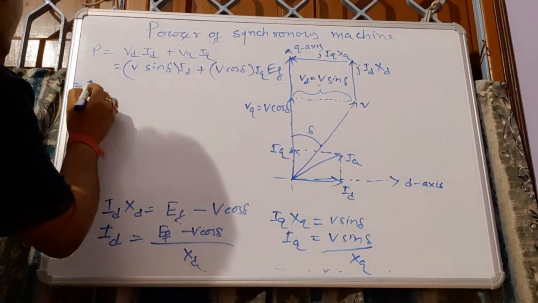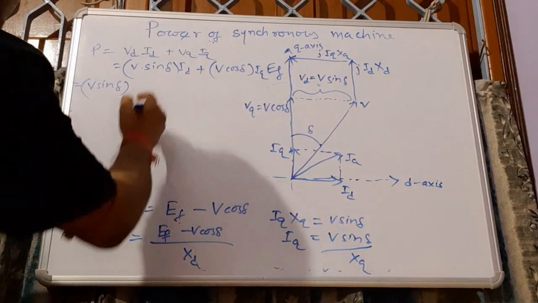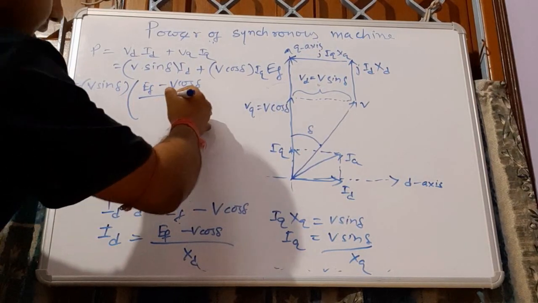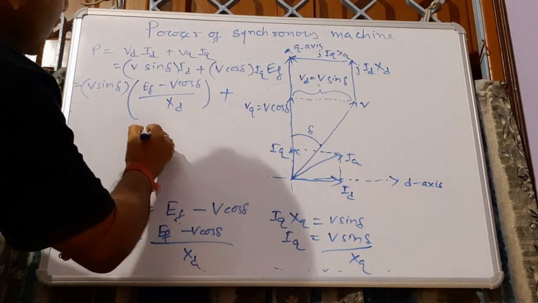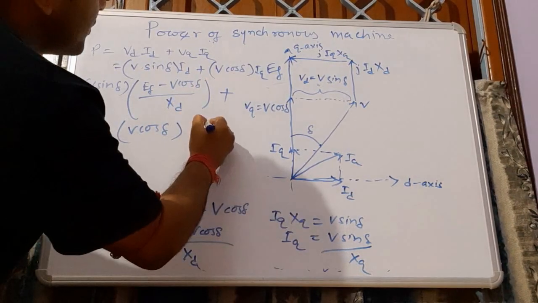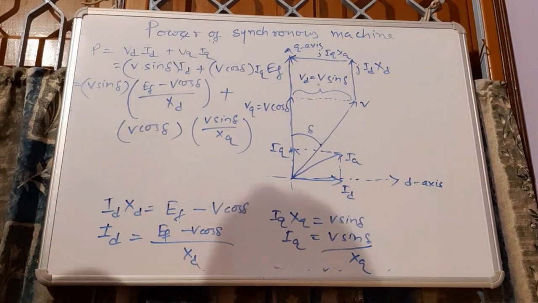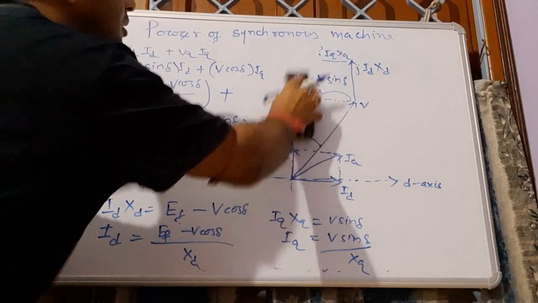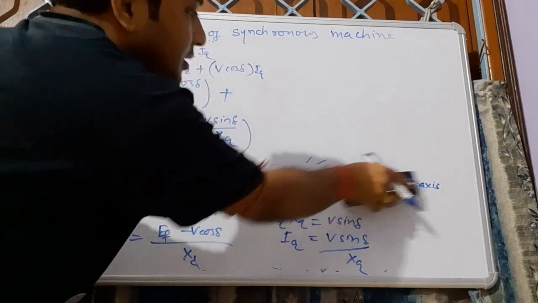Now if I write like this, V sin delta, and this is ID, so EF minus V cos delta divided by XD, plus V cos delta into this IQ, V sin delta divided by XQ, right? I hope you have written it down.